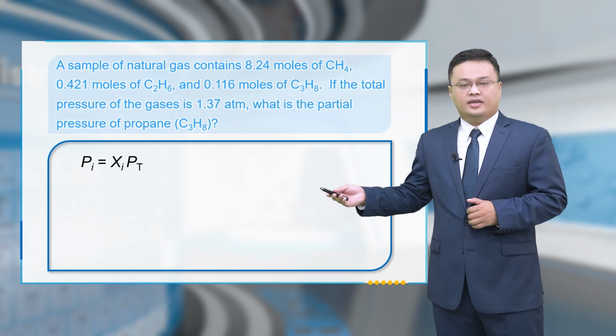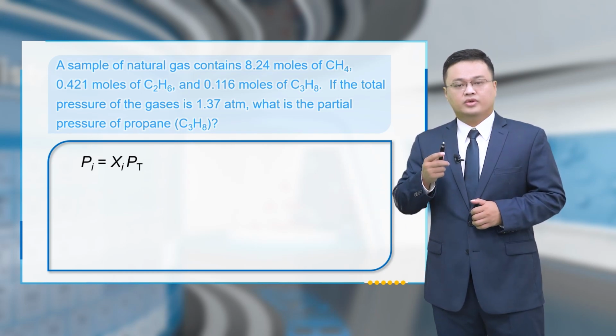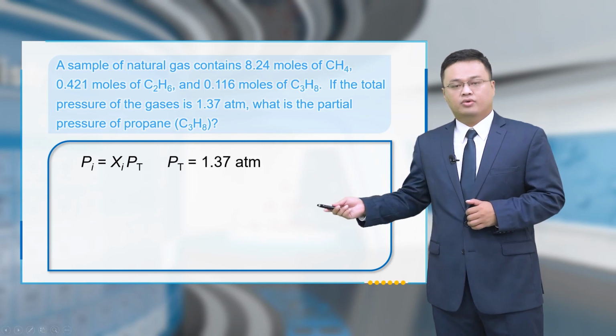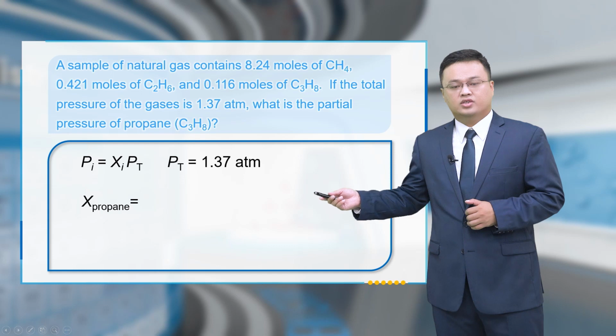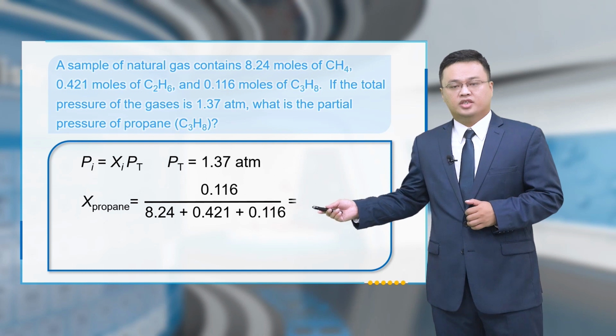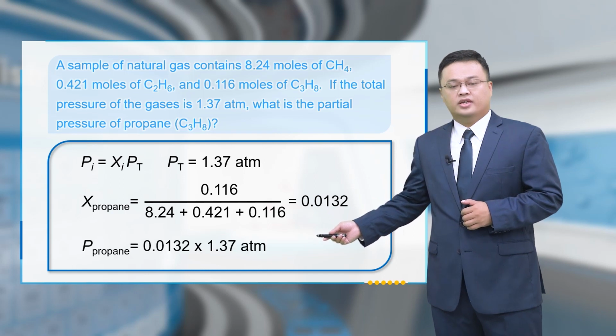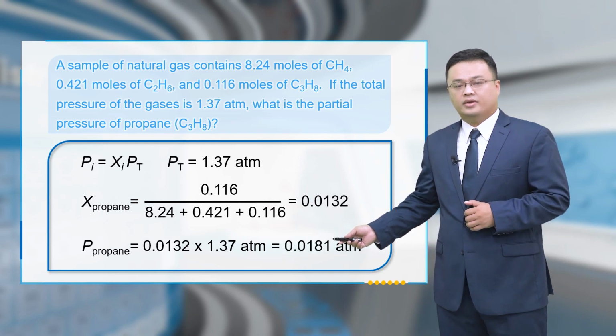From P_i equals X_i P_T, firstly, we get the mole fraction of propane, which is 0.0132. Then the partial pressure equals the mole fraction of propane times the total pressure, 1.37 atm. The answer is 0.0181 atm.